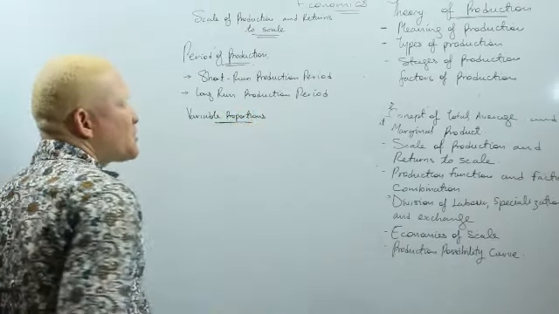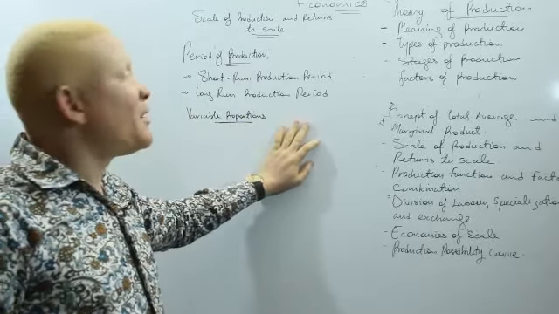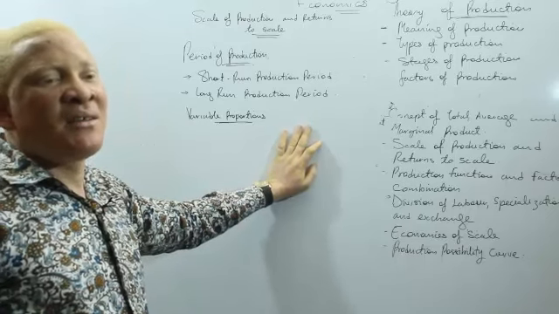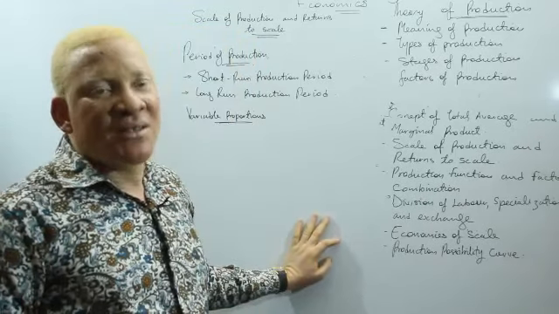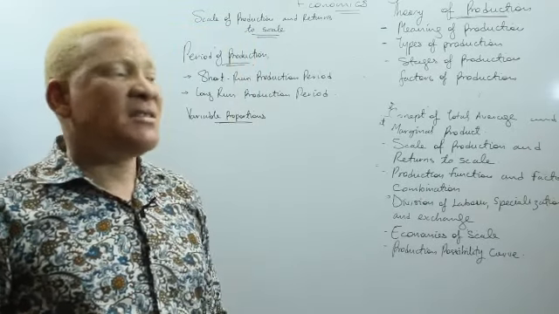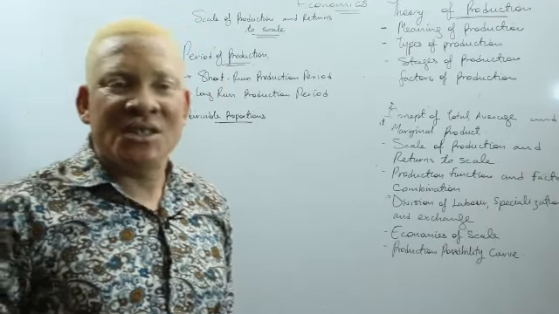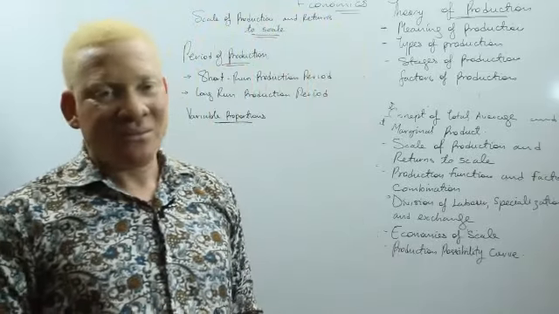Now, variable proportions, just another topic under this. Variable proportions, like I just explained, is the proportionate change in the level of output resulting from a change in the variable input in the short run.